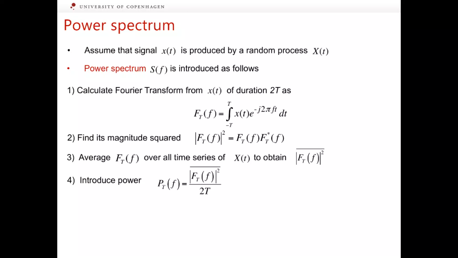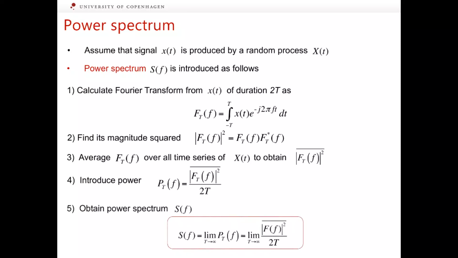This result depends on the observation time 2t of every realization and is not a desirable mathematical result. Fifthly, to obtain a characteristic which describes the total power of the process at the given frequency, we take the power obtained in item 4 and find its limit as the observation time t goes to infinity.